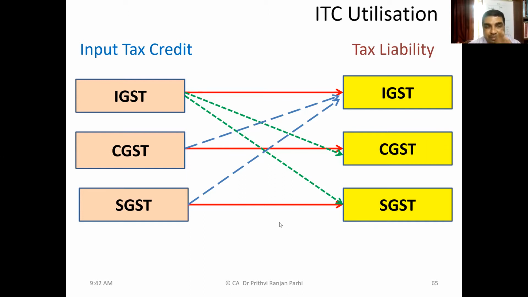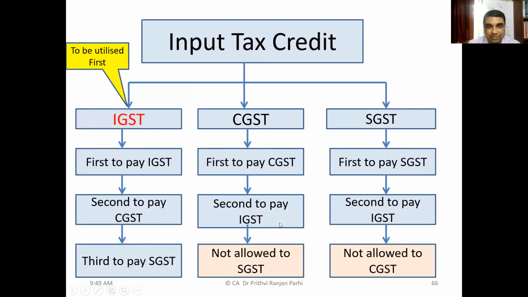Okay. Now, let me put the same thing in a different manner. Look at this slide. Here, this thing you also have to keep in mind. We are talking about utilization of input tax credit. If you have IGST credit, first you have to exhaust the IGST ITC, then you utilize CGST and SGST.